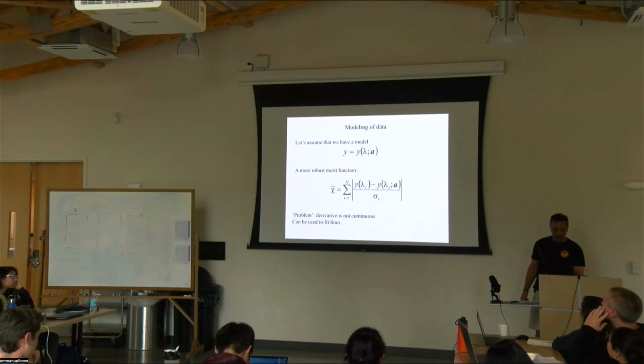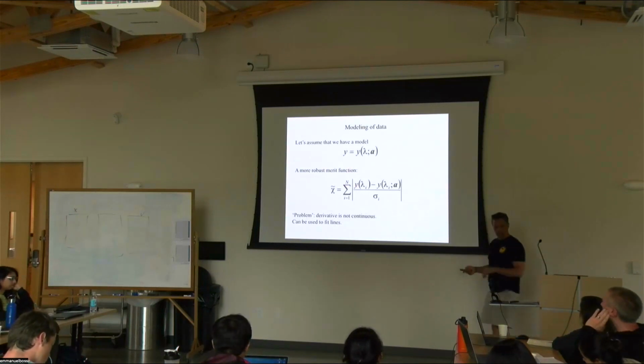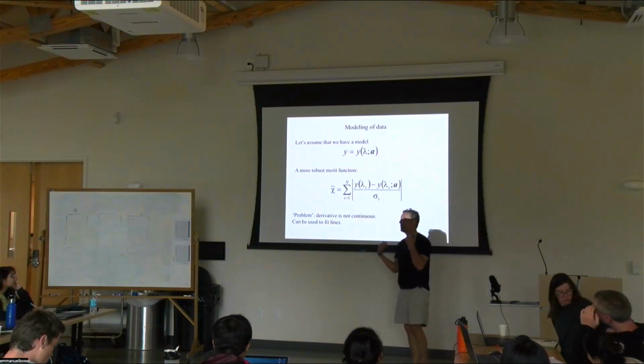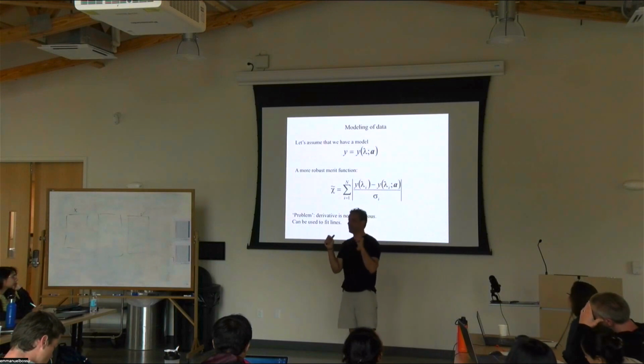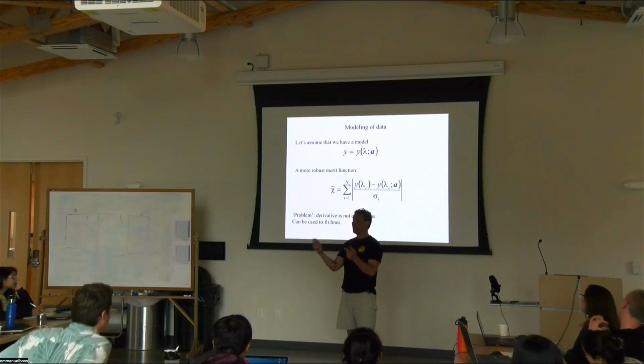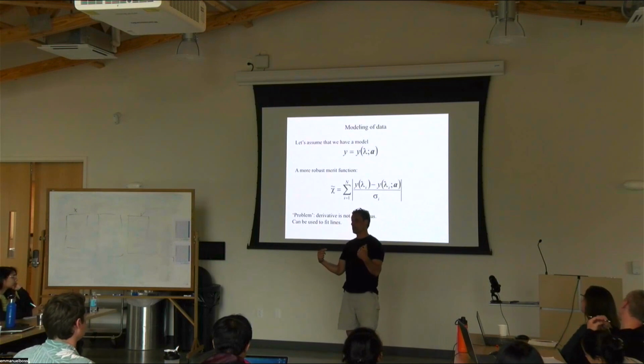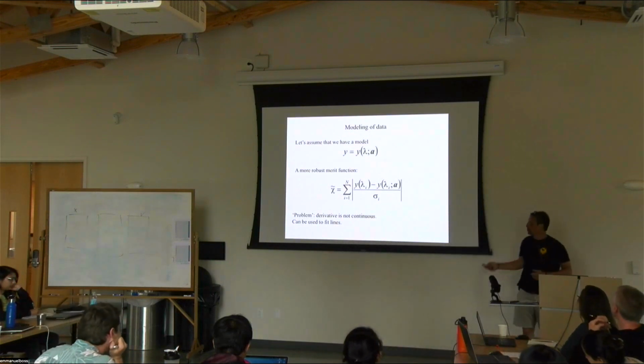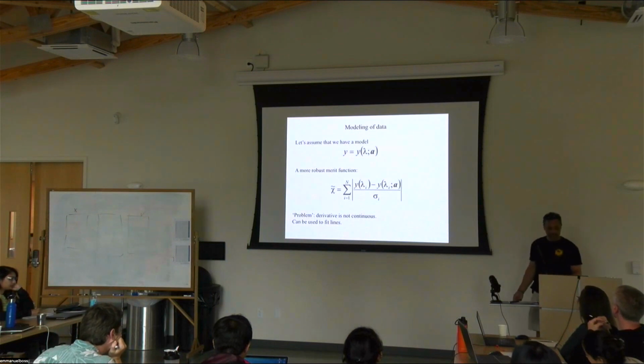So this might be much more robust. But this is not continuous. Again, the reason people use least squares is because initially, before we had computers, you could derive analytically the fit of a line that will have minimization of the square. But now with computers, we can put whatever we want in the cost function. That makes sense.